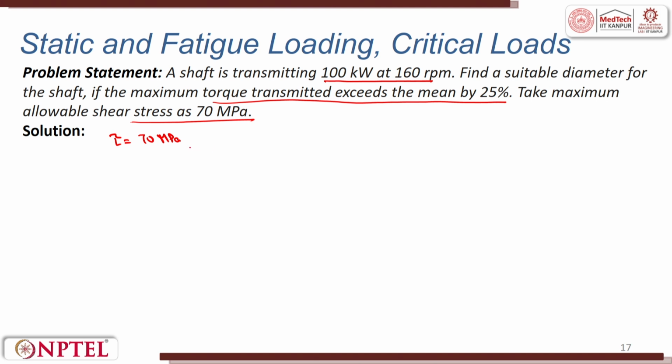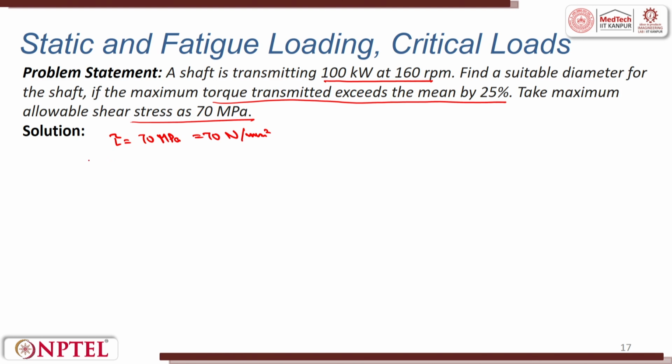You call it megapascal, or you call it 70 newtons per millimeter square, the value of tau. Now, it says transmitting 100 kilowatts at 160 rpm.